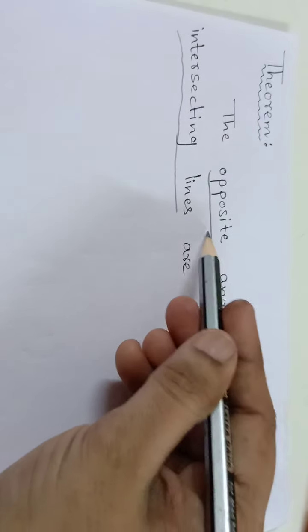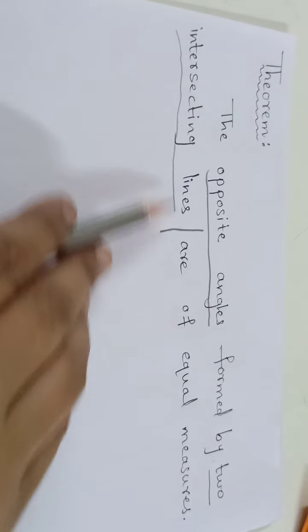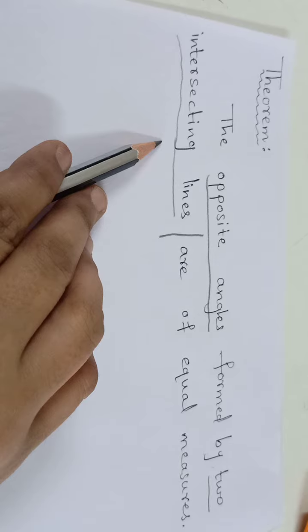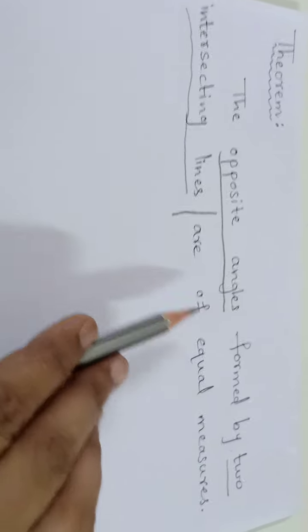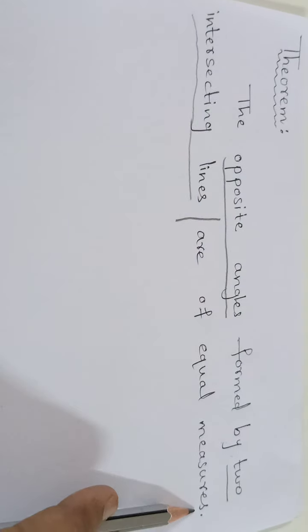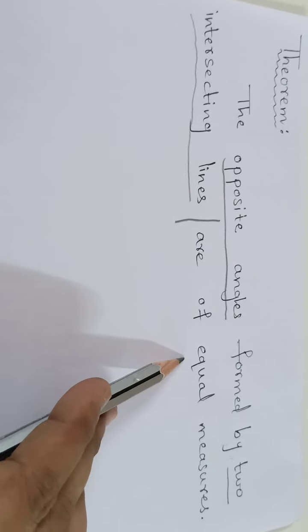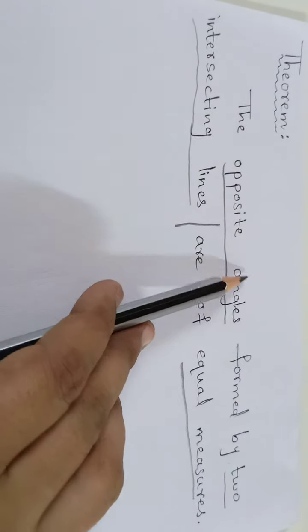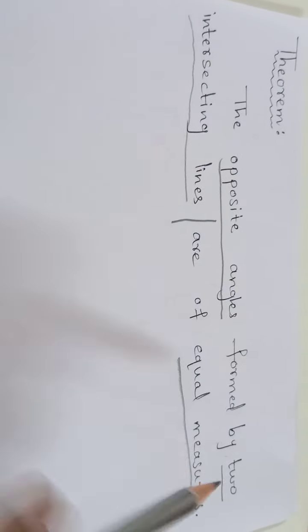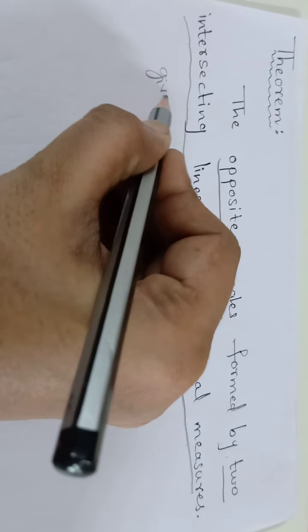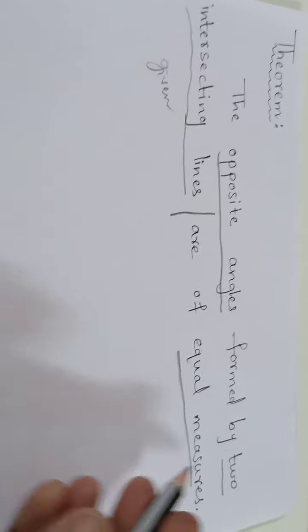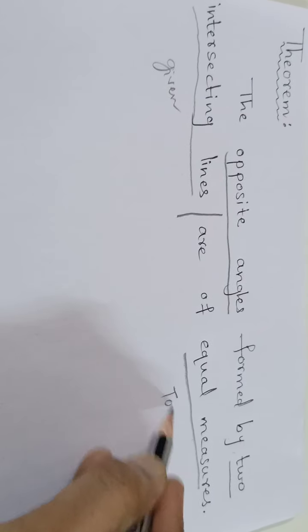So till here is nothing but the statement for given. Two intersecting lines are given to us, and we have to prove that the opposite angles are of equal measure. So the first statement is for given, and this second statement is for to prove.